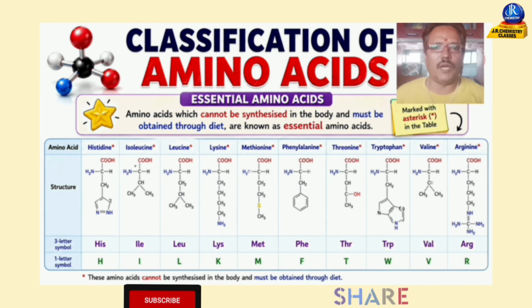Essential amino acids: amino acids which cannot be synthesized in the body and must be obtained through diet are known as essential amino acids.